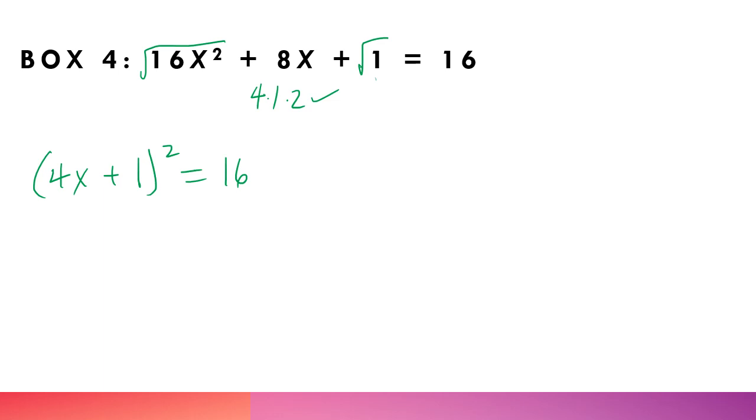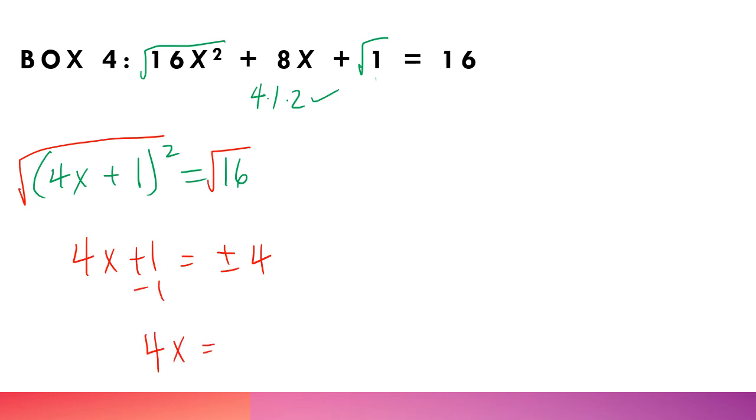So I'm going to take the square root of both sides, and that gives me 4x plus 1 equals plus or minus 4. I'm going to subtract 1 from both sides, so I have 4x equals negative 1 plus or minus 4. I'm going to divide by 4 on both sides, and now I'm left with x equals negative 1 plus or minus 4 divided by 4.